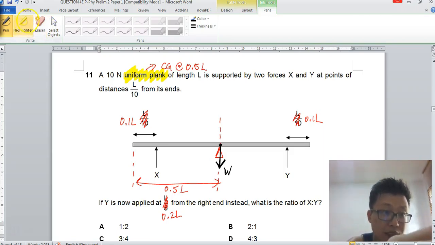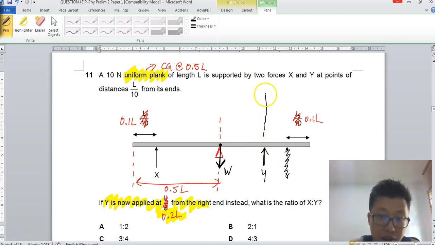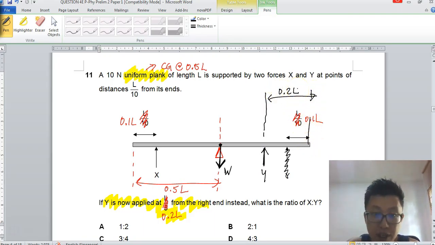The question now says that my Y has been shifted to 0.2 L from the right. So my Y is no longer here. My Y is somewhere over here, and it is 0.2 L from the edge. Since this question obviously is about rotation, therefore it is about moment.